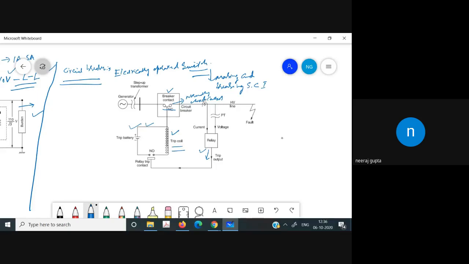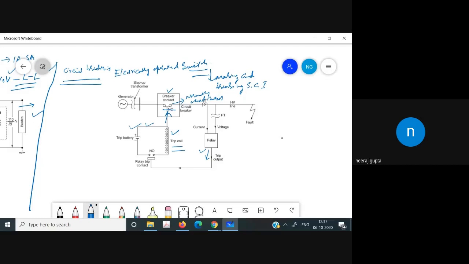The circuit breaker is held in the closed position by the force of the spring, and energy is stored in the spring during the closing operation.